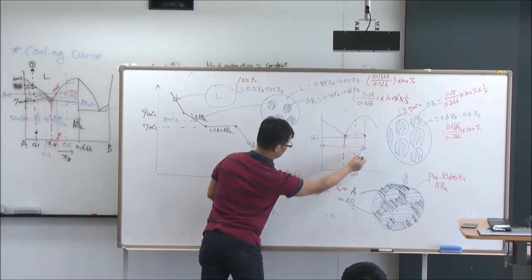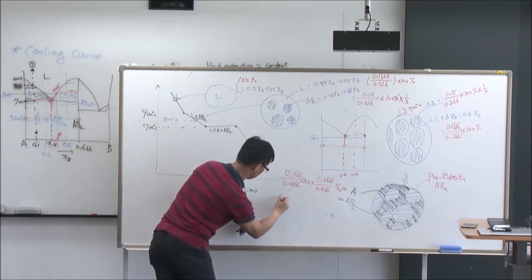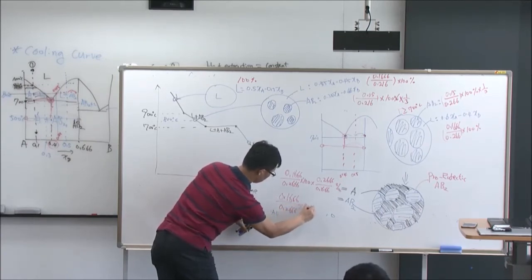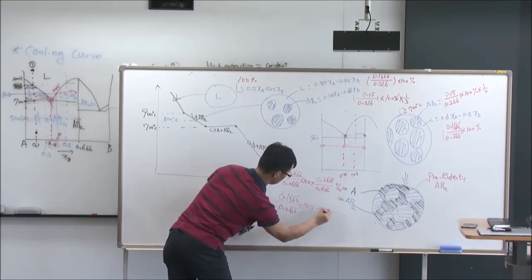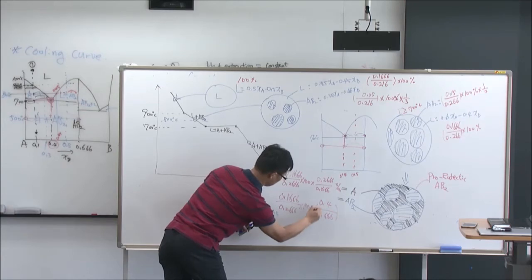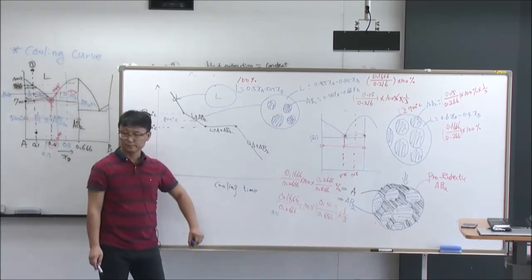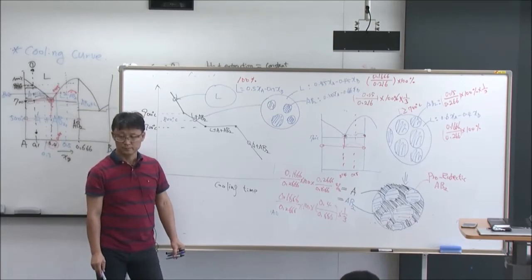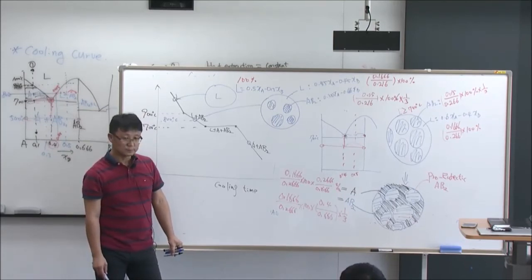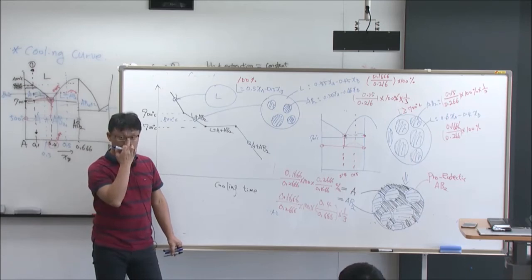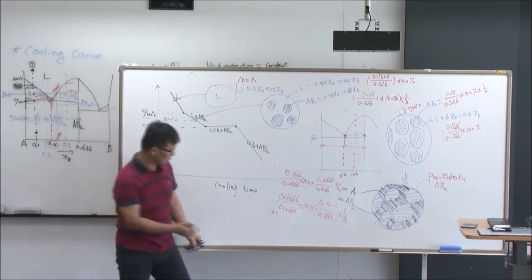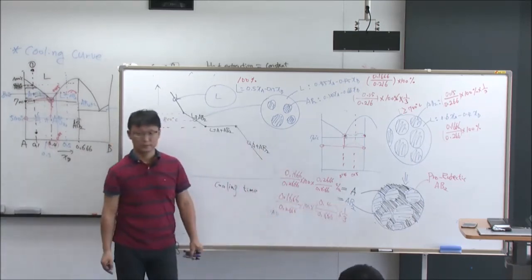So this divided by the entire length, times again 1/3. Okay, why 1/3? Again, it's AB2 phase, yeah?